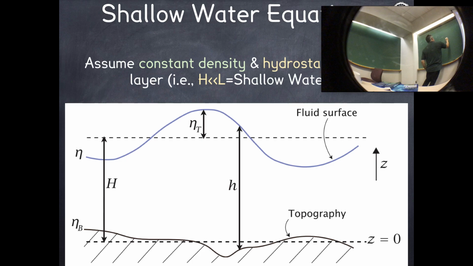What would be a convenient place where I might know what the pressure is? Up here, it would be the atmospheric pressure, and if I make my life boring and say that the atmospheric pressure is constant, which it actually isn't, but if I did do that, then I could just set it to be some constant all along the surface.